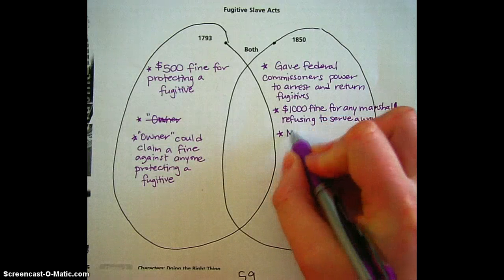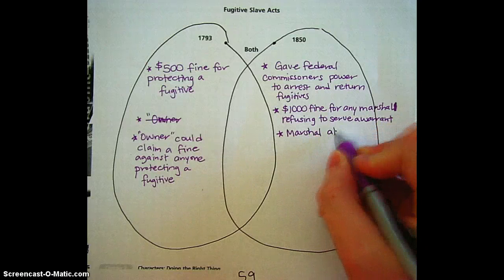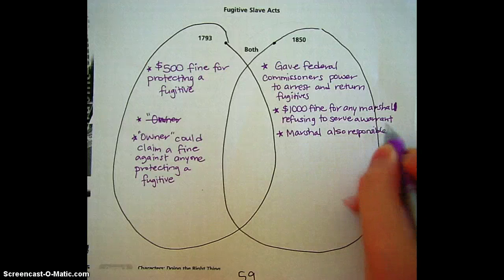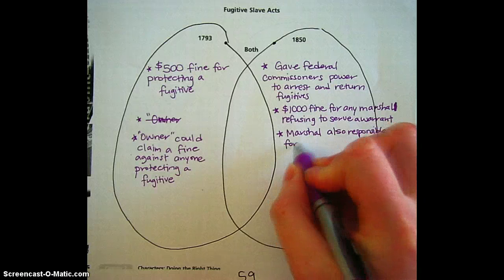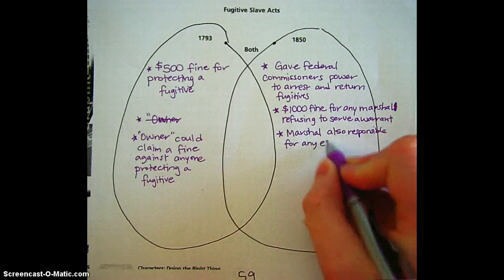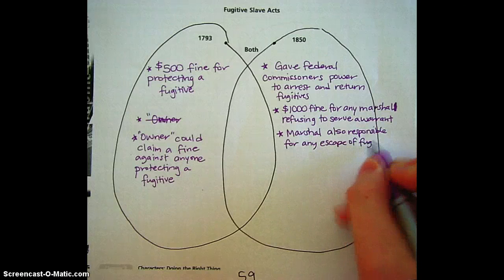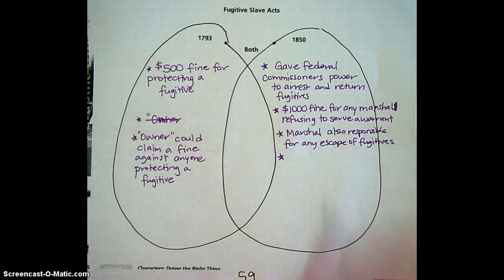Also, a marshal is held responsible for any escape of fugitives. So say a fugitive is staying in this marshal's jail and escapes, the marshal is held responsible.